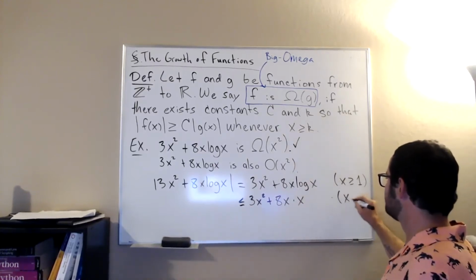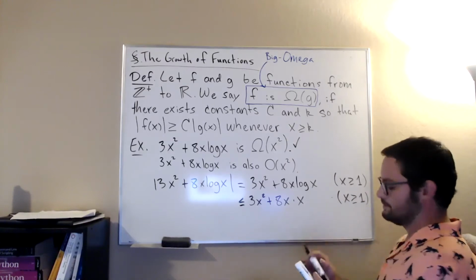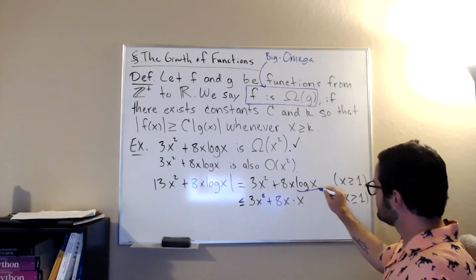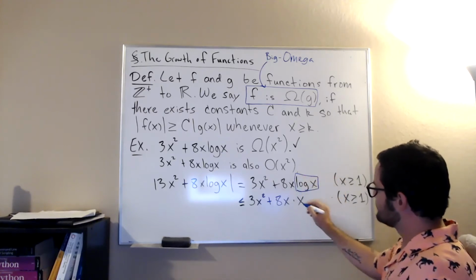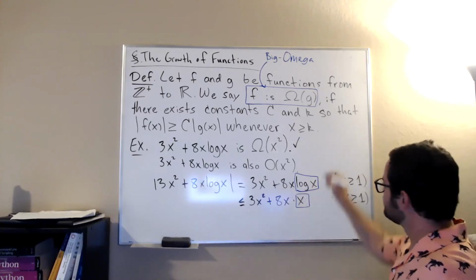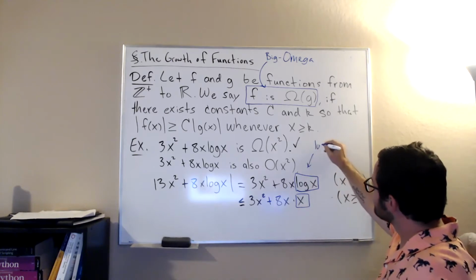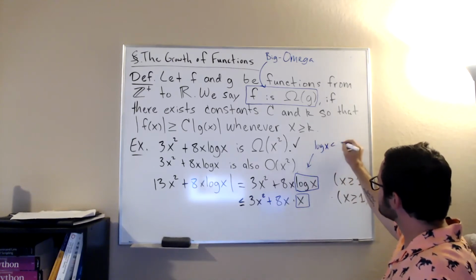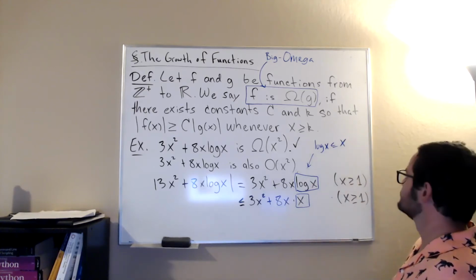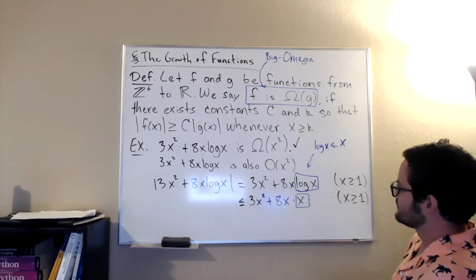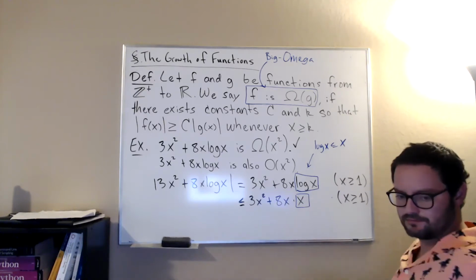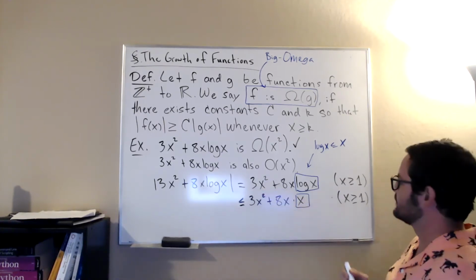Now, why is that? Well, this piece right here is less than or equal to this piece right here. Right? So log x is at most x. Because that's greater than or equal to that, I can replace that with x. So I can just write this inequality here.